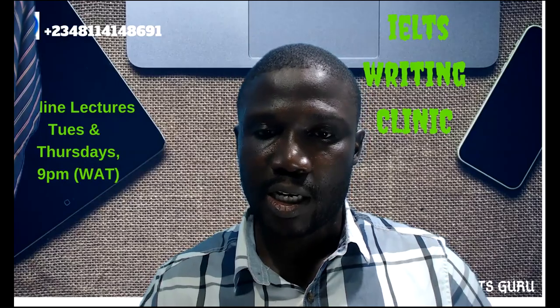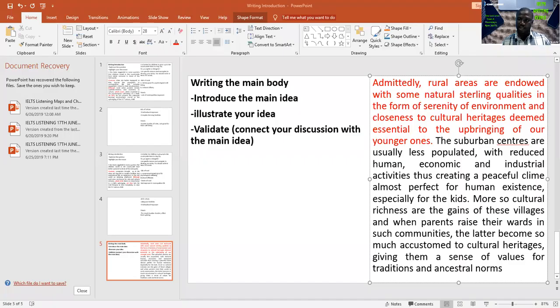In the last episode, I did share how to write the main body, and the main body was about introducing your idea, illustrating your idea, then validating it, connecting your discussion with the main idea. But in that part, I introduced how to write a twist, that is writing from the opposing side.